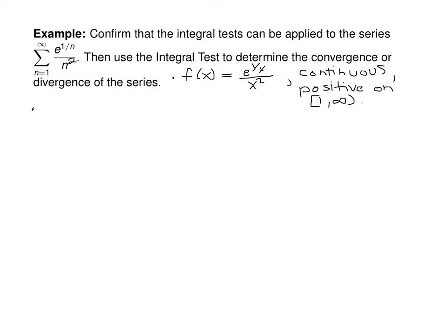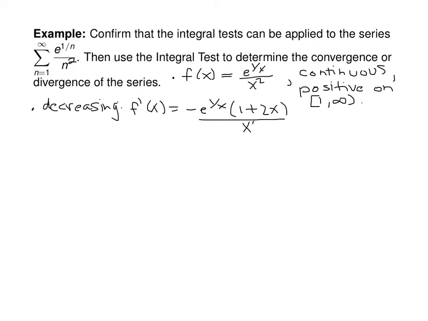And now to check that f is decreasing, we take the derivative, and you get that f prime of x is equal to negative e to the 1 over x multiplied by 1 plus 2x over x to the 4th.